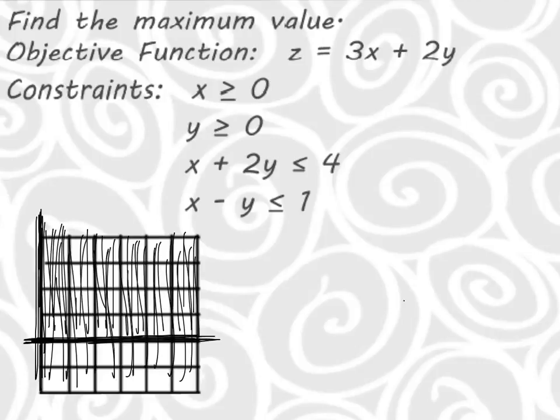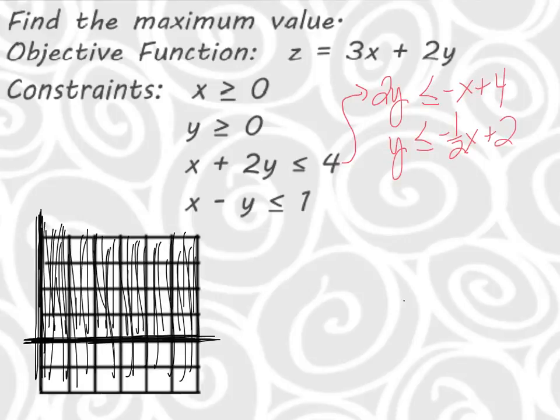Now you're only dealing with this first quadrant. The next two constraints have a little bit more going on. Let's put them into slope-intercept form so that we can graph them. I'm going to move the x to the other side and divide by 2. Then my y-intercept is a 2, and my slope is down 1 over 2.